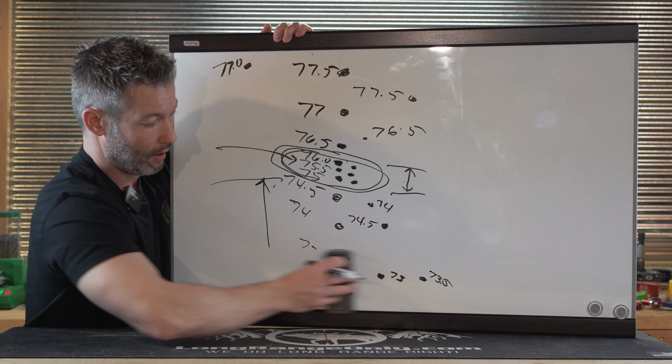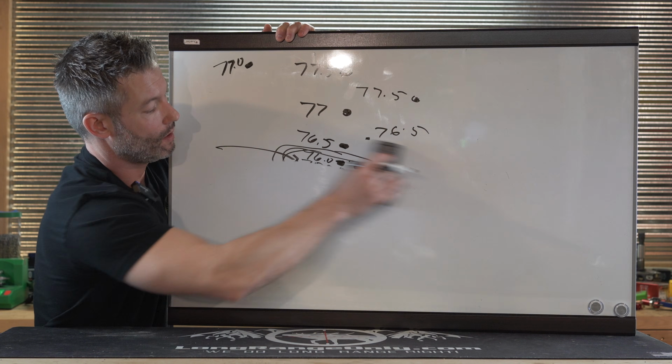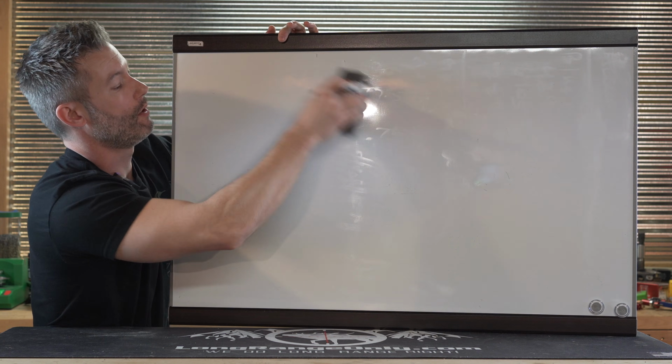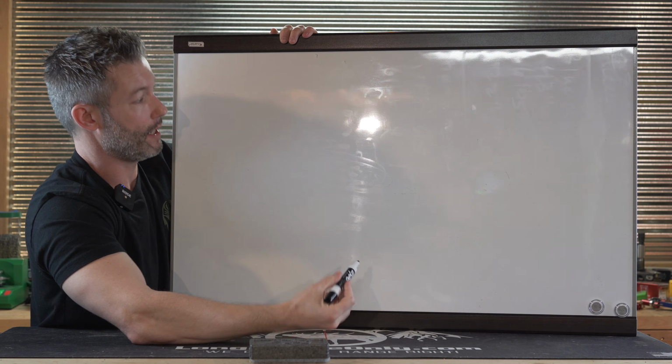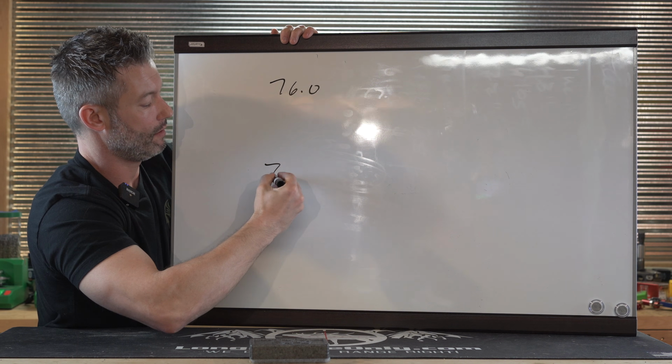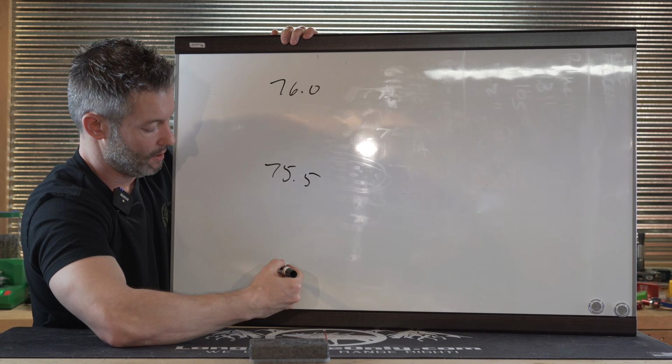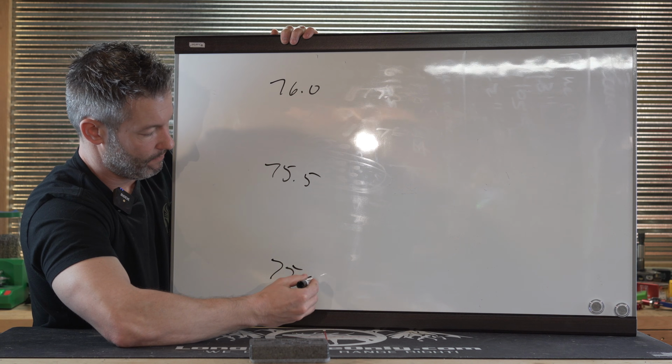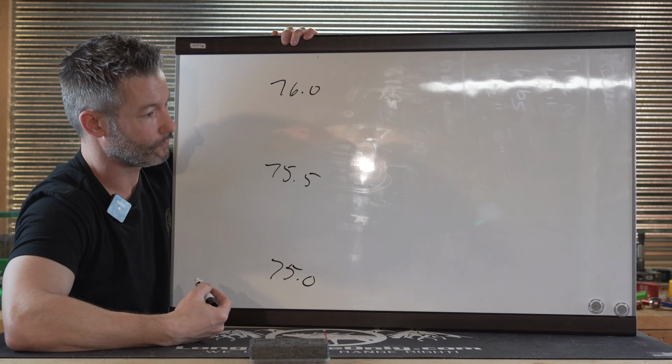Let's break it. I'm going to go ahead and wipe this off, I guess. We're going to get inside that window, or just to exaggerate it here. So I chose 76.0 on the top, 75.5 in the middle, 75.0 on the bottom.